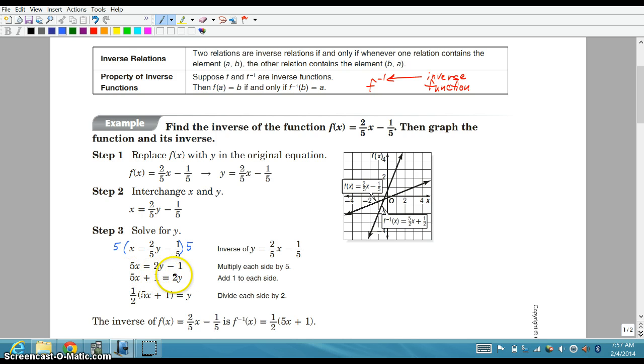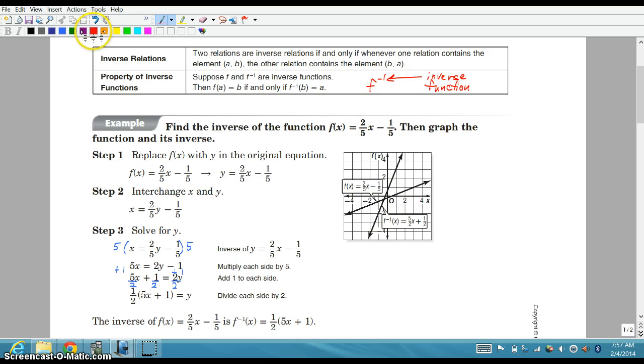So 5x equals 2y minus 1. We'll go ahead and add 1 to both sides. So 5x plus 1 equals 2y. And then last, divide by 2. We divide everything by 2. And what they show here is quite okay: 1/2 times that quantity, 5x plus 1, equals y.